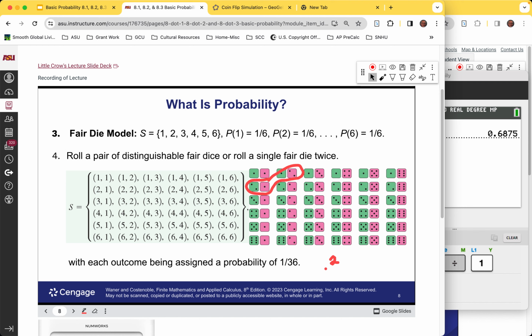So that's 2 out of 36, which reduces down to what? 1 out of 18. So that would be the probability of getting a 3, where we think of 3 as being the sum of the dice. But remember, there's 2 different ways for that to happen.